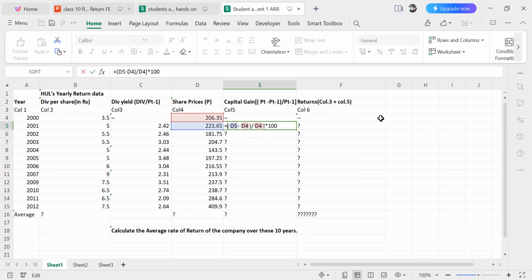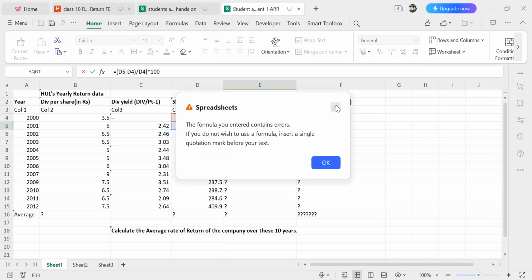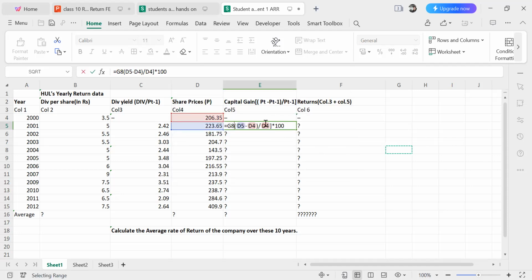Ma'am, use parentheses only. Don't use that square brackets. I think that will help. Yeah, tell me what? Use only parentheses. I mean, only normal brackets. Don't use square. Okay.